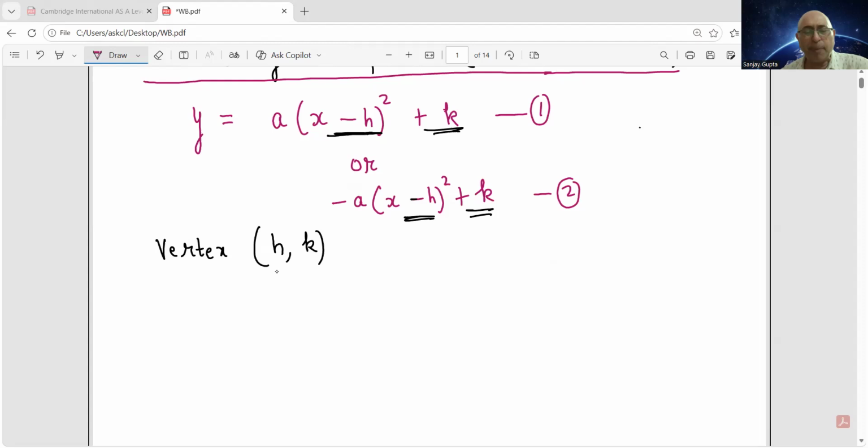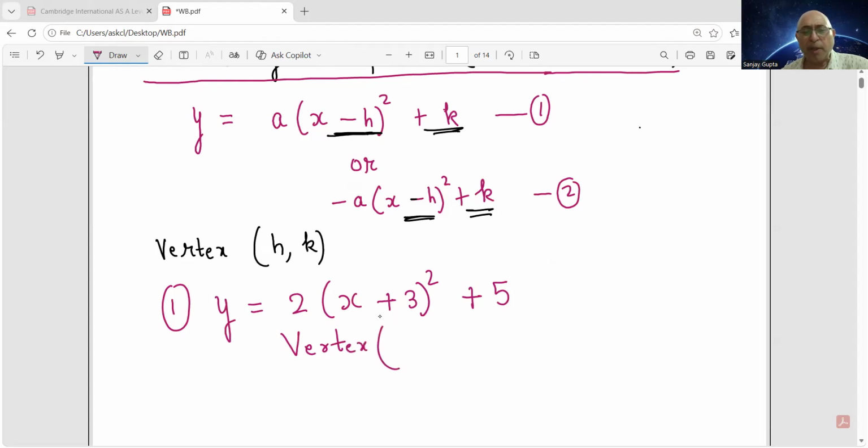So let me take some examples now. Let's say the first example is y is equal to 2 times (x plus 3) whole square plus 5. Now the vertex of this parabola is going to be, it is x plus 3, so we should be writing it as x minus negative 3 whole square plus 5, and therefore the vertex is negative 3 comma 5.